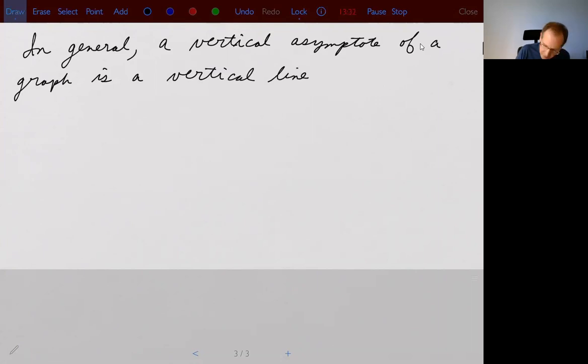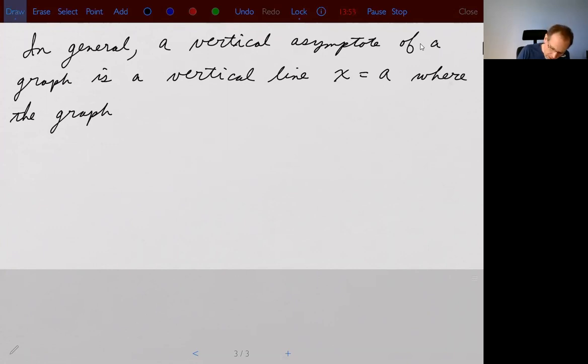Remember, vertical lines always have the equation x equals a constant, so we'll just say x equals a, where the graph tends towards positive or negative infinity as the inputs approach a.